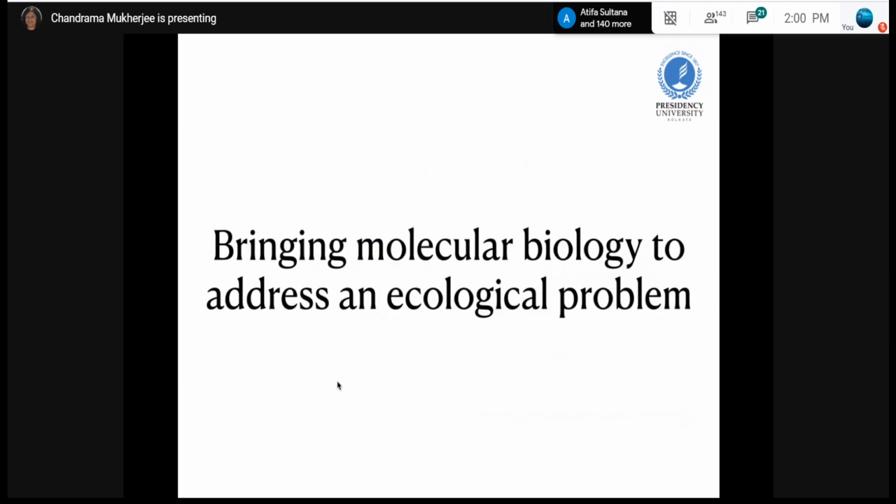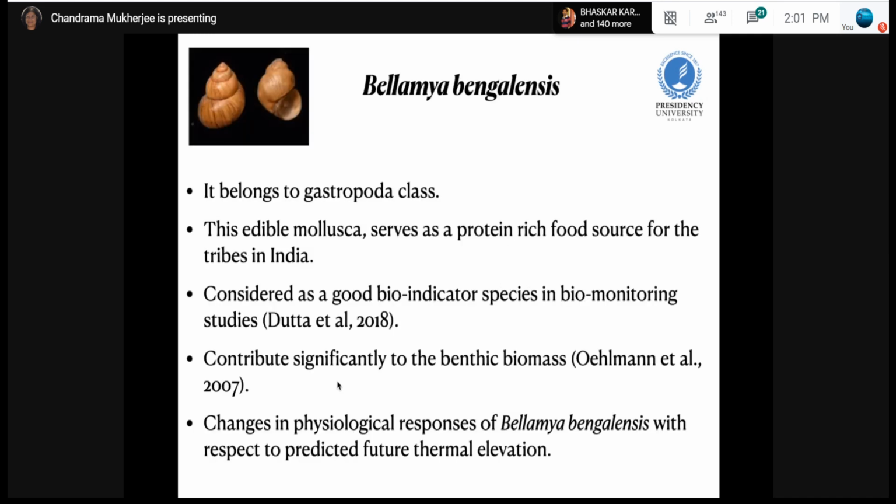Now I'm going to talk about a very specific example, because these were all the different tools that people have already used. Why did I come into this particular ecological problem? Because I think this ecological problem is a very wonderful system to address with molecular biology.